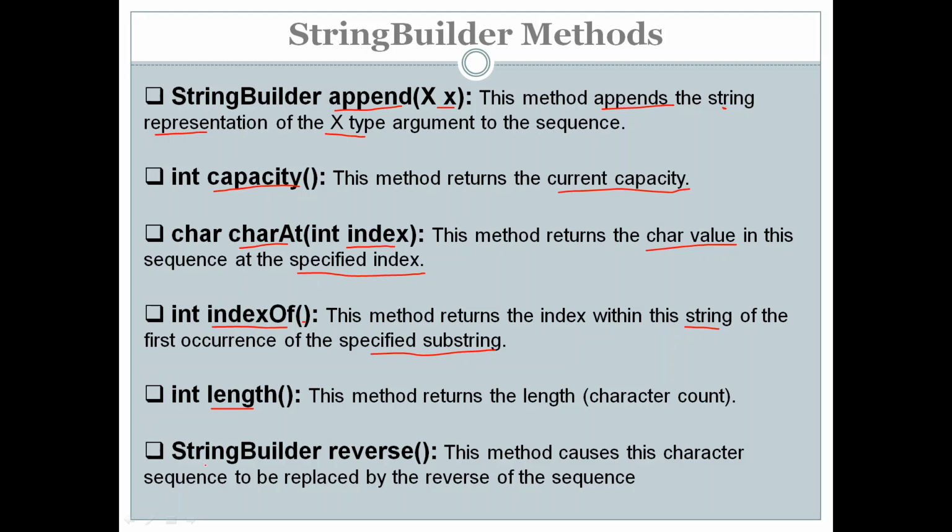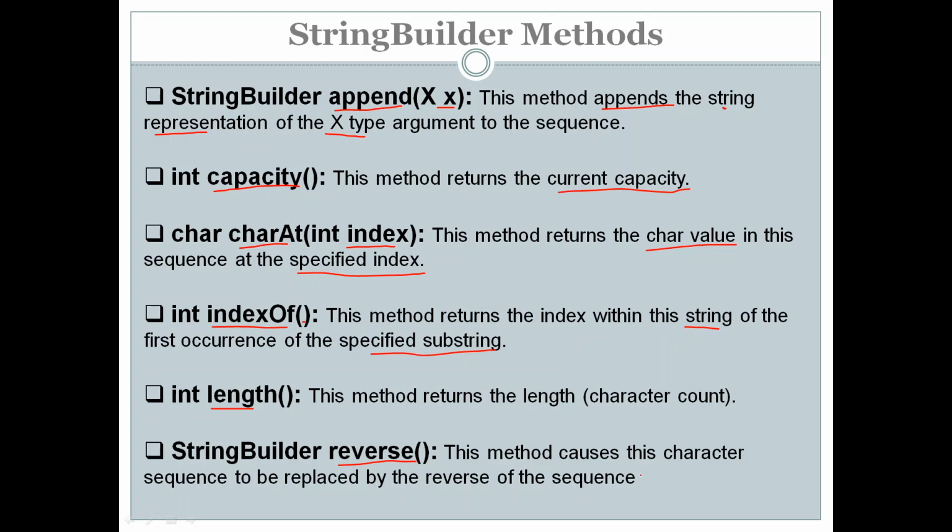Then another StringBuilder method is the reverse method. This method causes the character sequence to be replaced by the reverse of the sequence. That means it simply reverses the character sequence. If we have a string, say Java, that will be reversed from last to first.